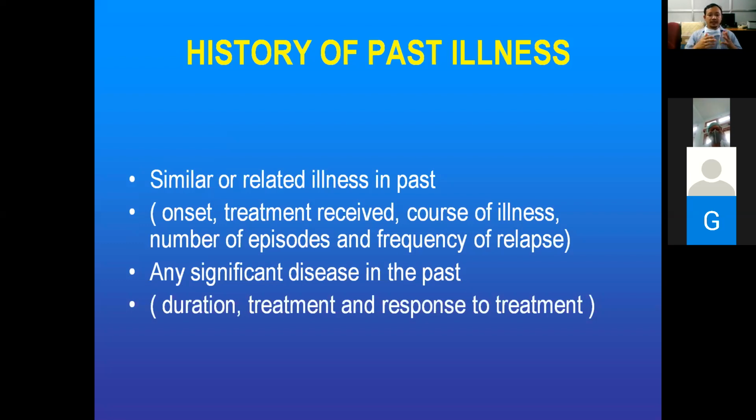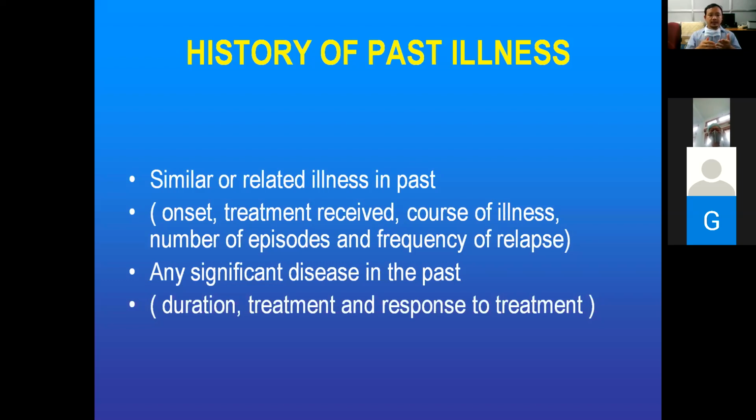For example, when we are dealing with the cardiovascular system, if the child had previous cyanotic spells, or we may deal with a case of rheumatic fever, whether it is recurrent, whether the child had similar episodes in the past.